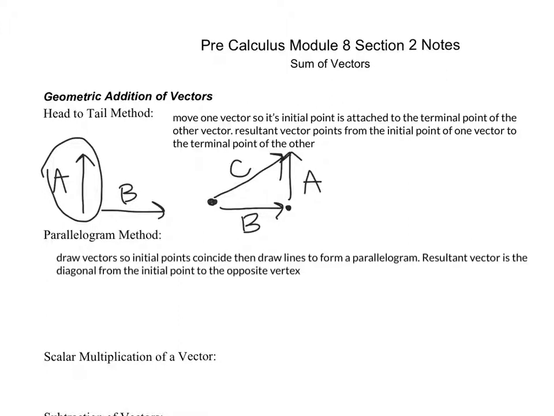So we have our vector V, and suppose we have vector U. In order to find their sum, I am going to complete the parallelogram, and then my sum vector starts at the initial point and goes to the other corner of our parallelogram. So U plus V is that diagonal. But they do have to have the same initial point in order to use the parallelogram method.